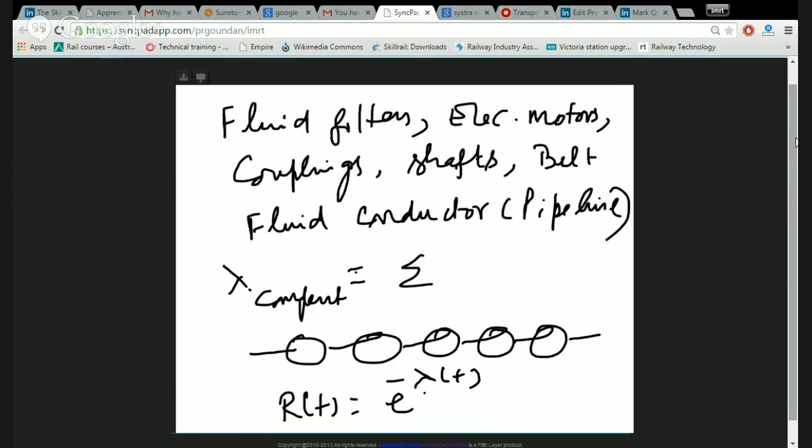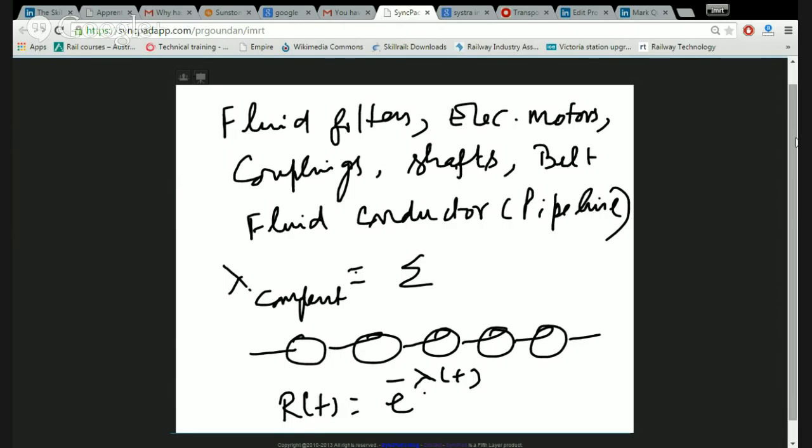So this is the starting point. As I said, I started this series of lectures with the end. The end was how to do a metro analysis, even with only slight knowledge of mean time between failures and things like that. I'm ending the series with the starting point, which is how to get the failure rate of a component without knowing anything about the component, only knowing where the data is available.